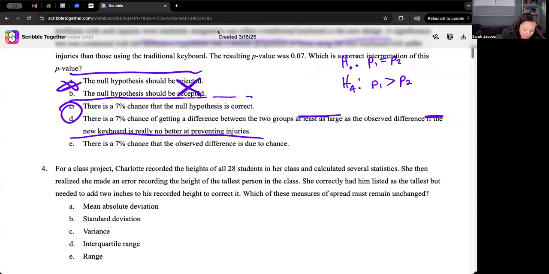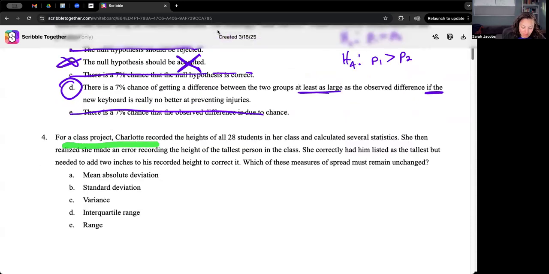Okay. 4. For a class project, Charlotte recorded the heights of all 28 students in her class and calculated several statistics. She then realized she made an error regarding the height of the tallest person in the class. She correctly had him listed as the tallest, so that's important, but needed to add 2 inches to his recorded height to correct it. Which of these measures of spread, so these are all measures of spread, must remain unchanged?